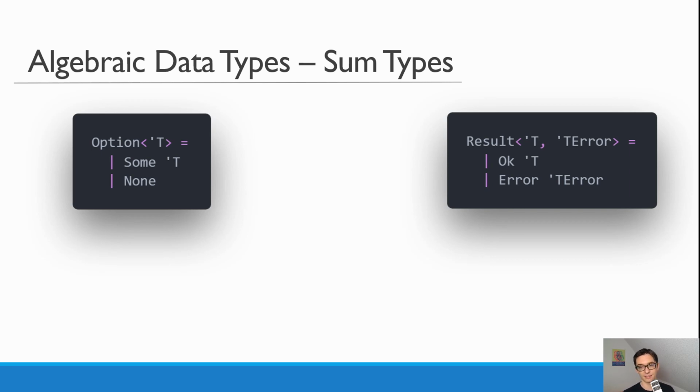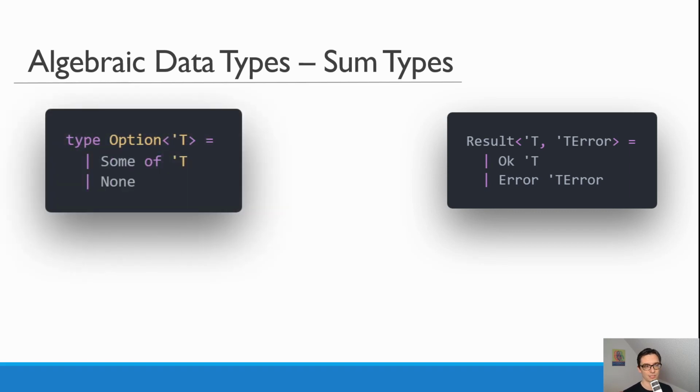So the nice thing about using them in F# is that they're pretty cheap and easy to create. So these are actually not types that are built into the language of F#. Those are also custom types that you can create on your own. So if you want to create the option type on your own, it looks like this.